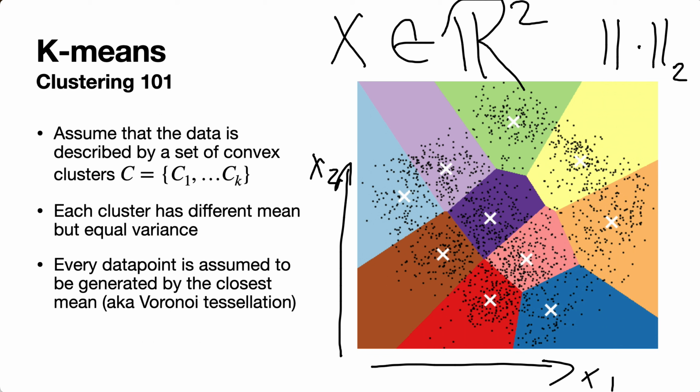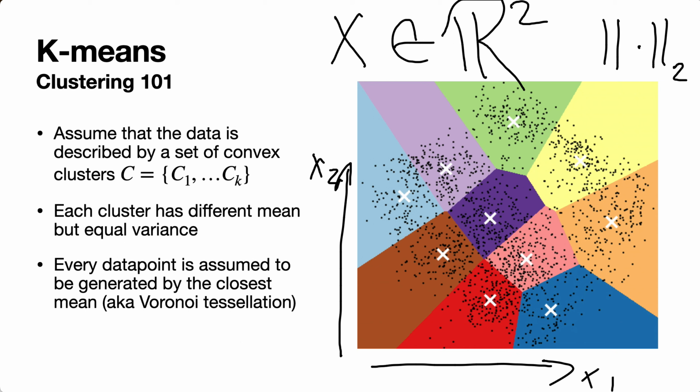And we're assuming there are k sets of clusters. In particular, we're assuming these clusters are convex. What does convex mean? Remember, this is a convex curve. This is not. So a convex cluster, like you're seeing here, a Voronoi region is a convex cluster.